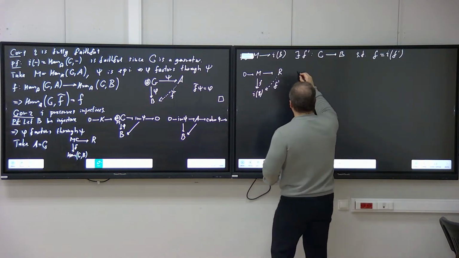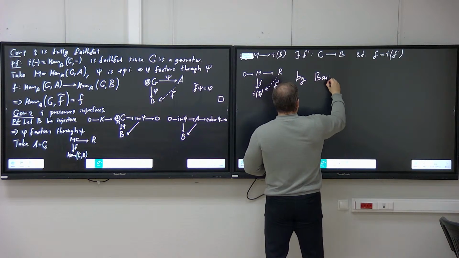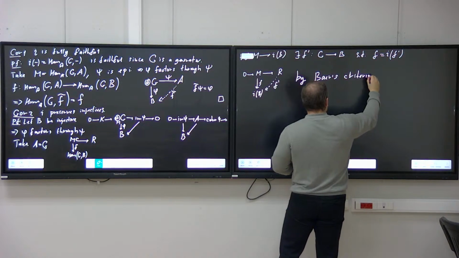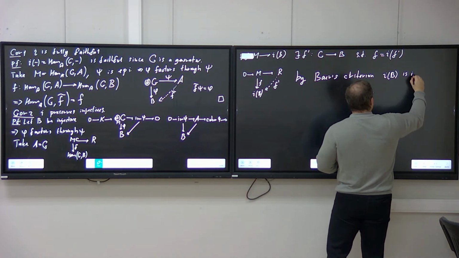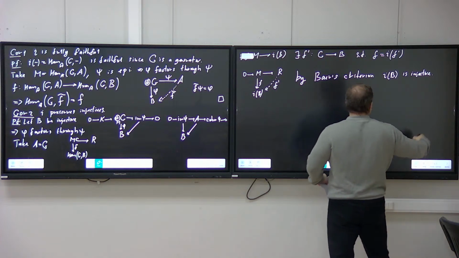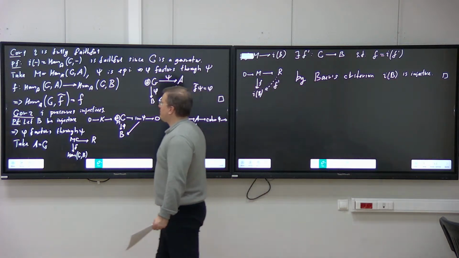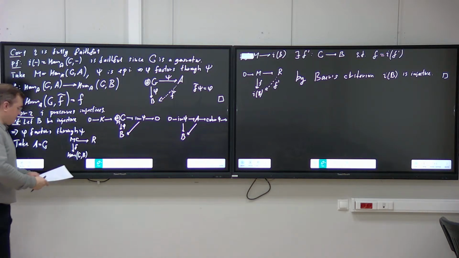So by the Baer criterion, I of B is injective, and that's the end of the proof. So we proved two important things: that this functor I is fully faithful and that I preserves injectives.